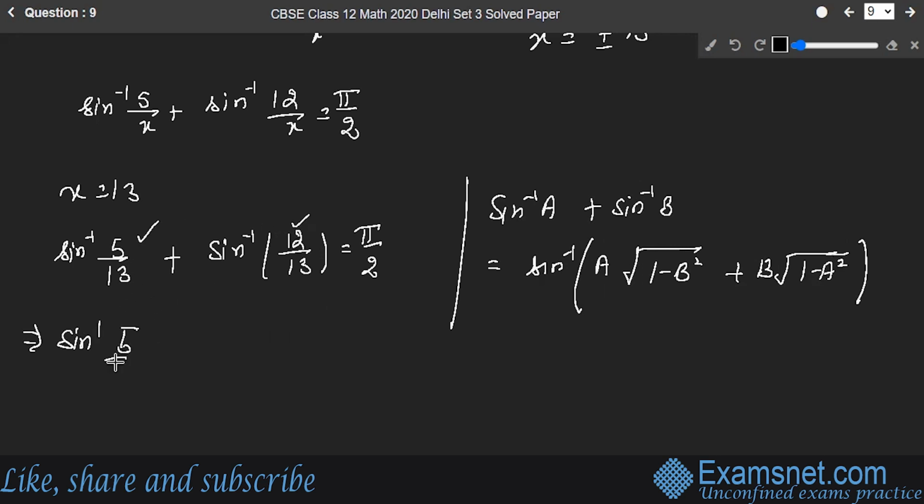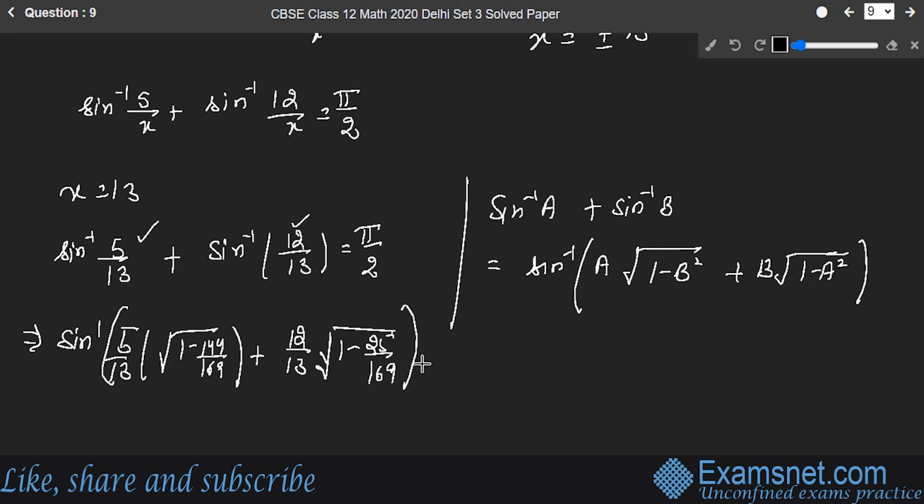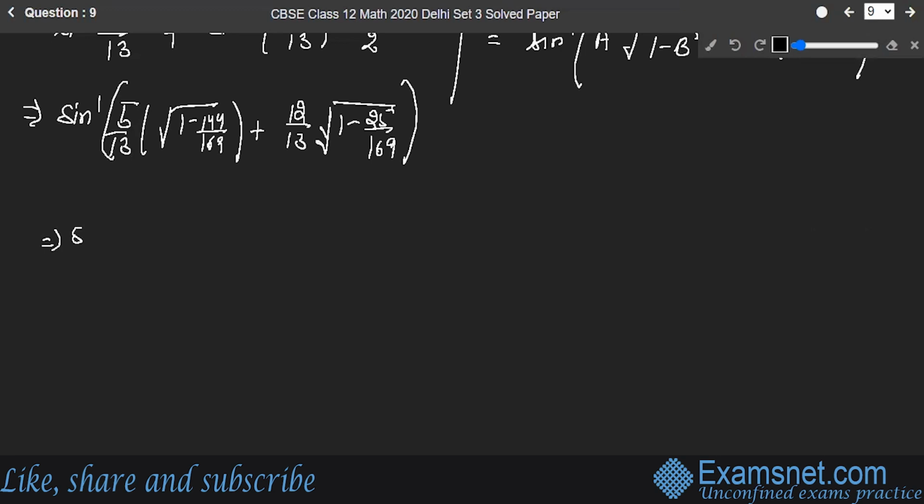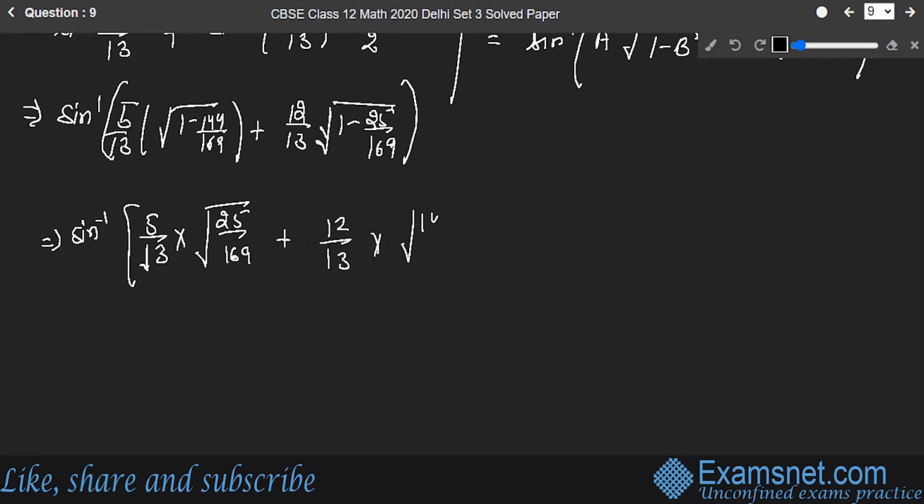So 5 upon 13 root of 1 minus 144 upon 169 plus 12 upon 13 root of 1 minus 25 upon 169. So this gives you sine inverse of 5 upon 13 into root of 25 upon 169 plus 12 upon 13 multiplied by root of 144 upon 169.